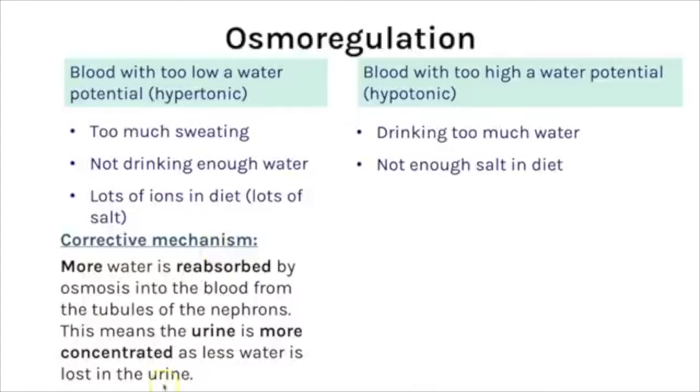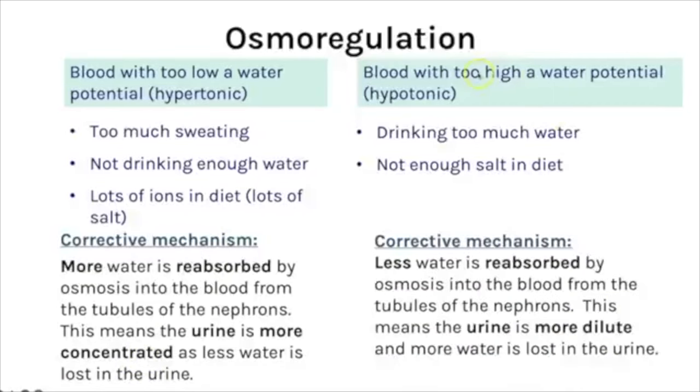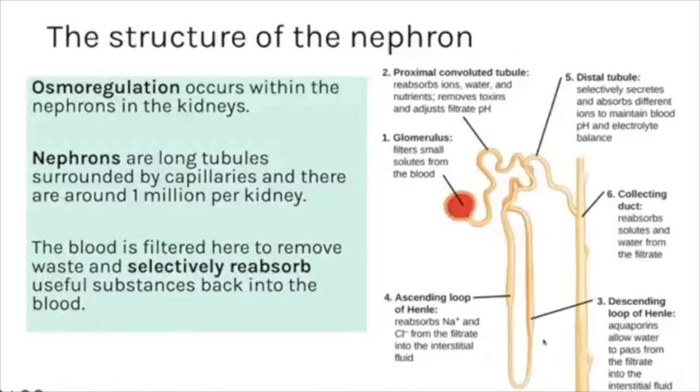Therefore, you'll have urine which is lower in volume and more concentrated. If you have too much water in your blood, so hypotonic, less water will be reabsorbed by osmosis into the blood from the tubules in the nephrons in the kidneys. As a result, you'll be producing larger volumes of urine, which are more dilute.